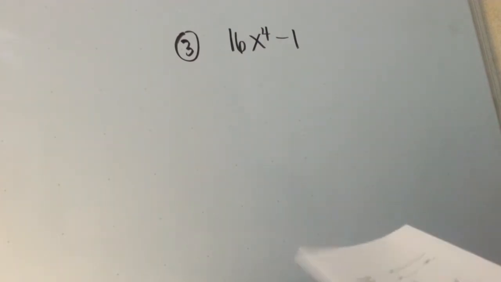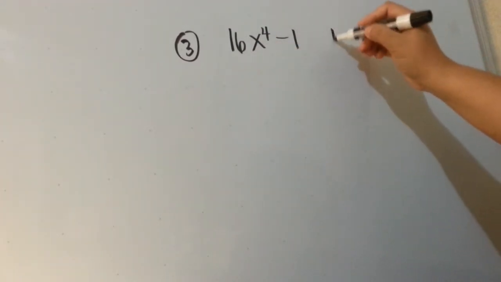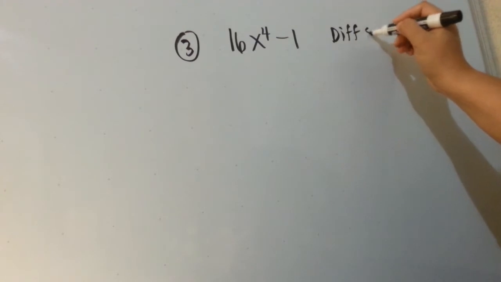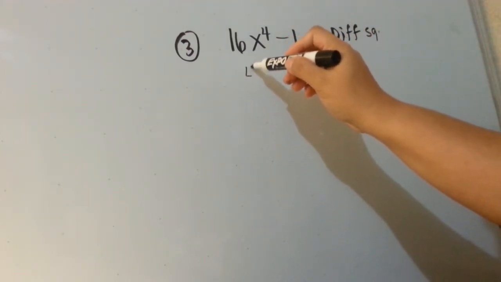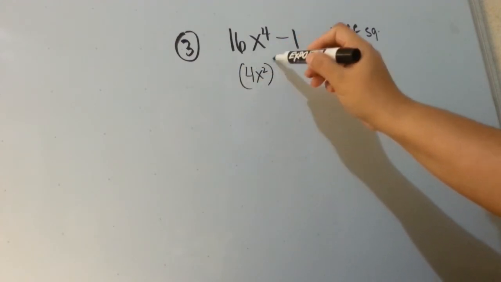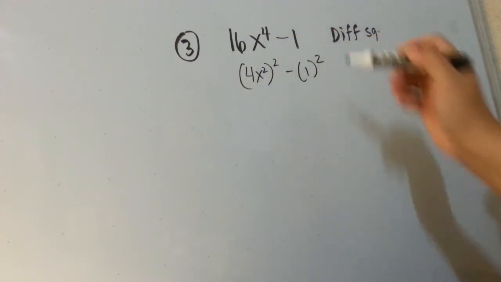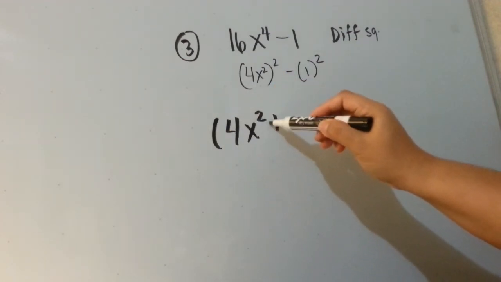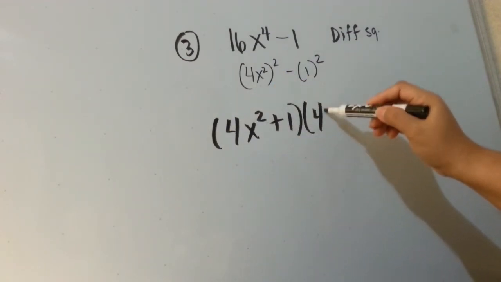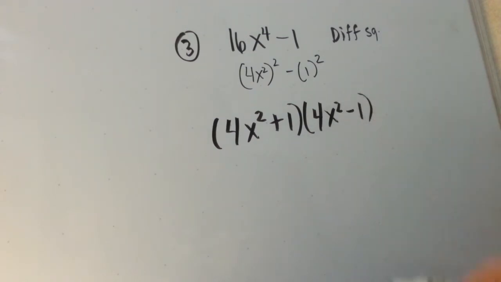The next question you had to factor, and the first thing to note is that this is a difference of squares. This is 4x squared minus 1 squared. So then you write 4x squared plus 1 times 4x squared minus 1.